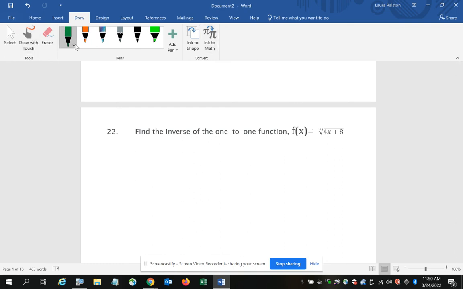22 is a similar problem. It tells you you have a one-to-one function, and it asks you to find the inverse of that one-to-one function. So again, we begin by interchanging x and y. So we would have x equals the cube root of 4y plus 8.